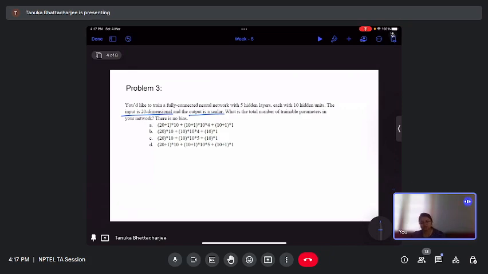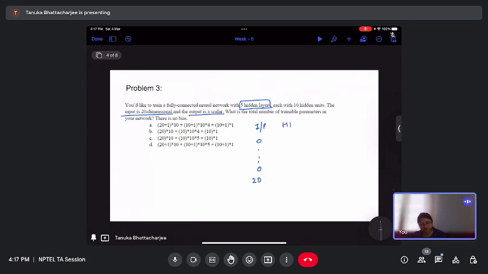So, here what the situation is, you have one input layer, the input is 20 dimensional, which means in your input layer you have 20 neurons. So, these are the input neurons. So, it is the same as the dimension of your input vector. After that you have 5 hidden layers. In all our previous problems we had only a single hidden layer. Now we are going into deeper networks. So, we have 5 hidden layers.